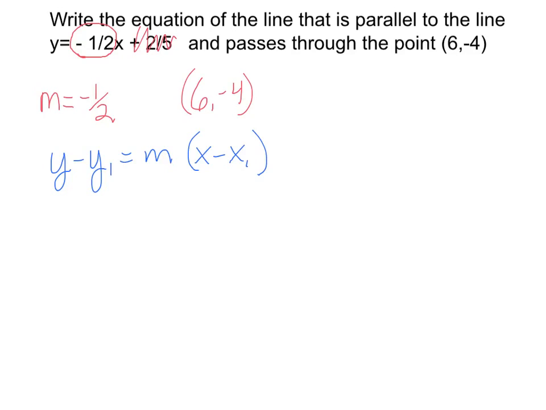So I'm going to plug in then. Leave your first y there, subtract the y from your point, equals your slope, it's -1/2, leave your first x, subtract the x from your point. Okay, change that to plus there, and I'm going to distribute my -1/2.